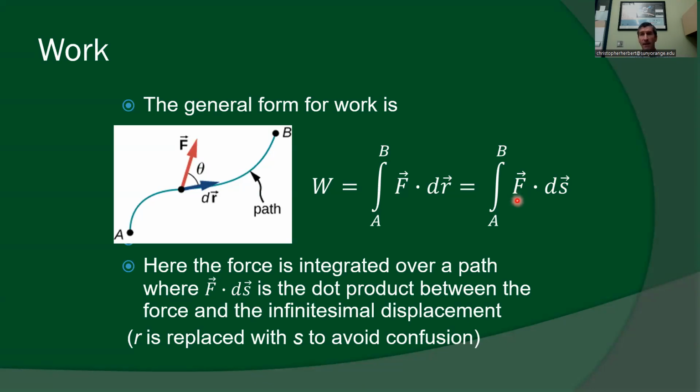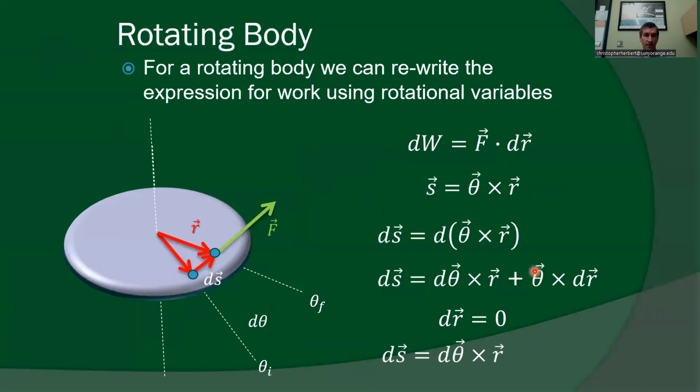We have to take every point on the disk and integrate over the entire thing to get the overall work done to each part. Here, F dot ds is a dot product between the force and an infinitesimal displacement on the disk. Say a point is moving from here to here.